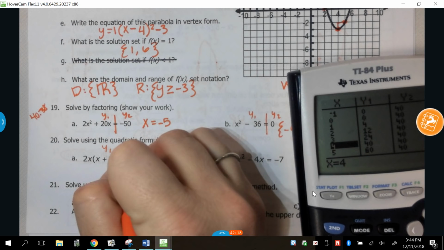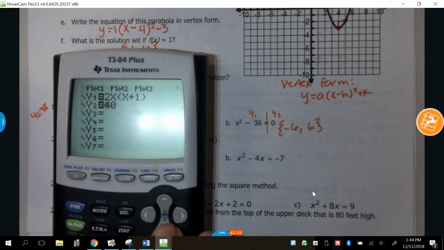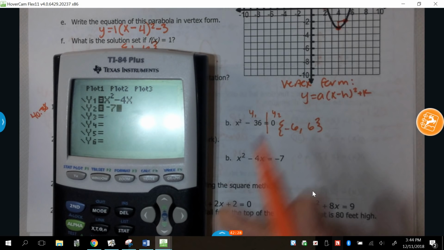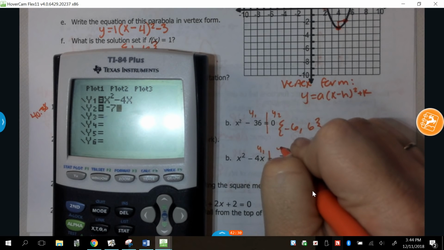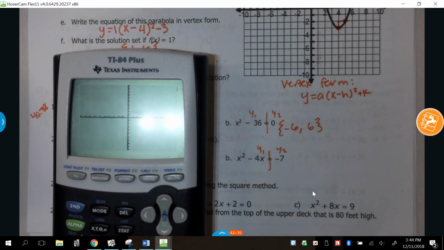We type that in y1, that in y2. So let's try this one. x squared minus 4x. So remember this on y1, this on y2. So if you look, let's hit graph. So this one's actually imaginary, which means we have to do it, okay?